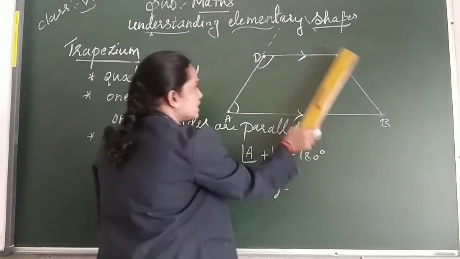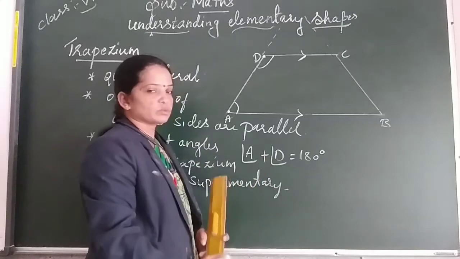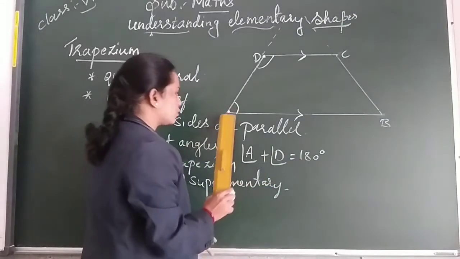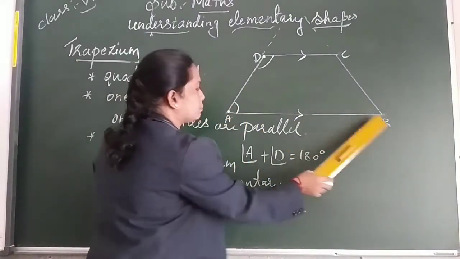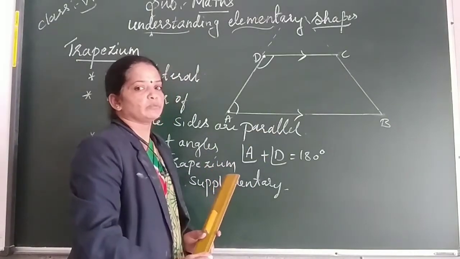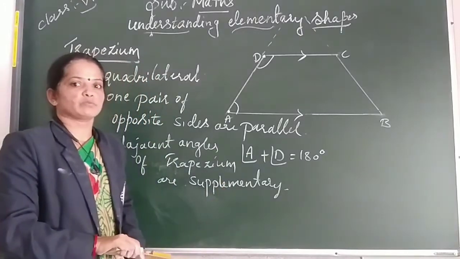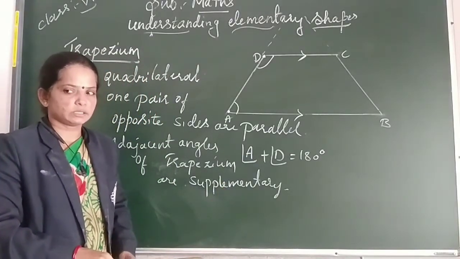If you take B and C, they are supplementary, so B and C angles will be 180 degrees. Or if you take A and B, these are also adjacent angles, so the sum will be supplementary. Supplementary means the sum of two angles should be 180 degrees.